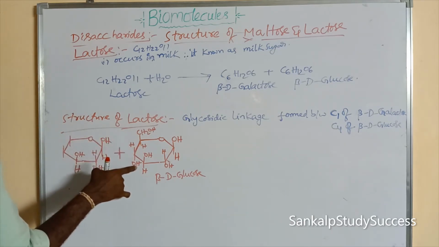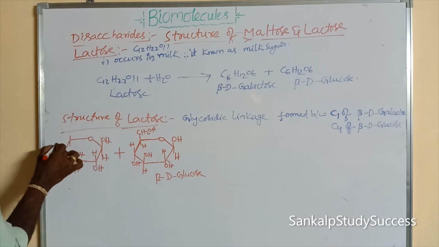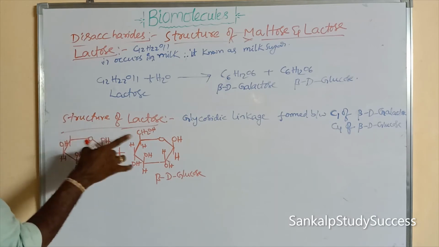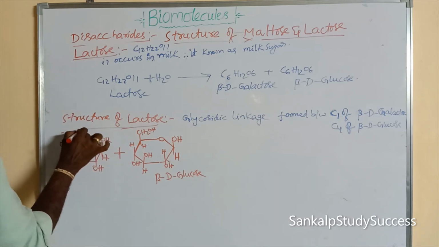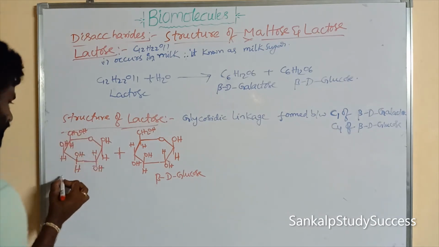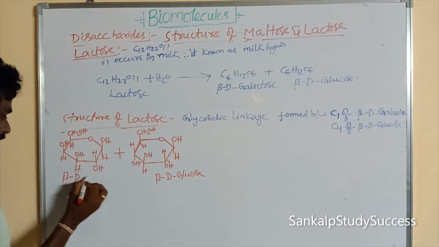Here OH is present below the plane, and here OH is present above the plane. That is the only difference. The remaining are the same. So this is beta D galactose.